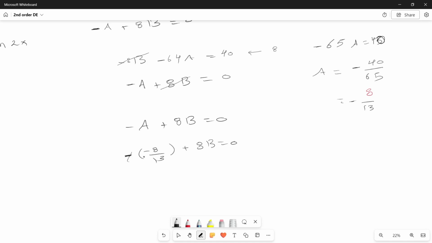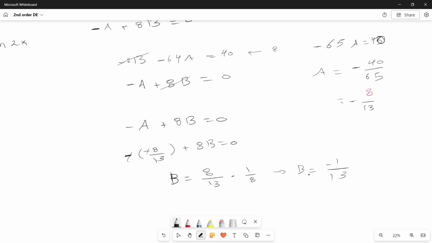Now we move 8 divided by 13 to the other side, so it becomes negative again. So we have b is equal to negative 8 divided by 13 multiplied by 1 over 8, and that would give us b is equal to negative 1 divided by 13.